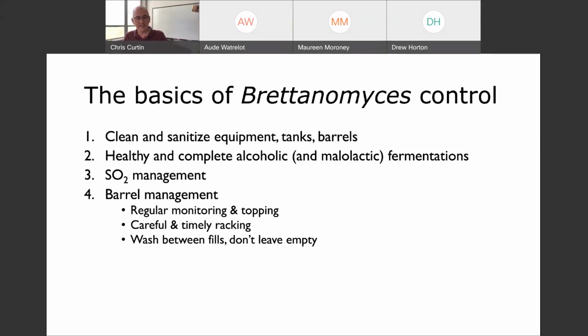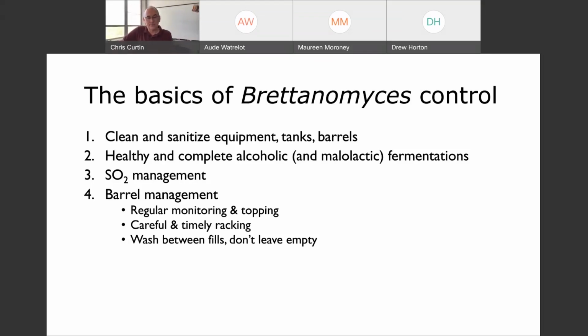Timely racking in the sense that, again, the sooner you can get to a point where the wine has low turbidity, then the easier it's going to be for you to effectively manage your sulfur dioxide. And this one should be self-explanatory in terms of not leaving barrels empty. That's more just a barrel management and the barrel's not warping and becoming difficult to use.